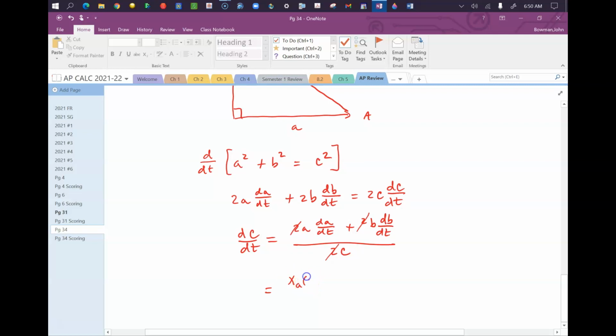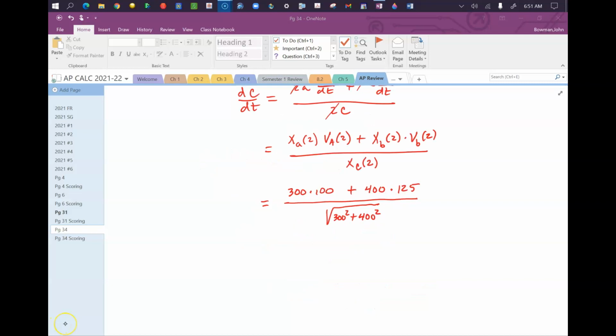And now basically what you have is xa at time 2 times va at time 2, because that's the derivative of the distance for train A, plus xb at time 2 times vb at time 2 divided by xc at time 2. And you can verify these various values for xa, va, xb, vb, and xc.